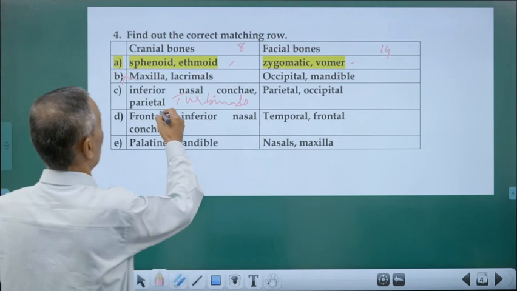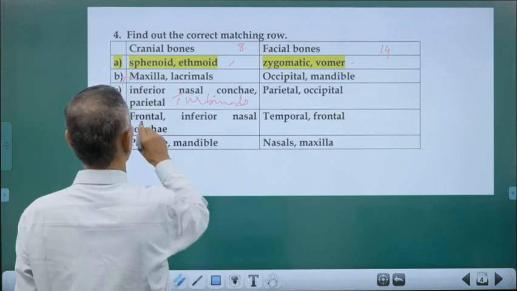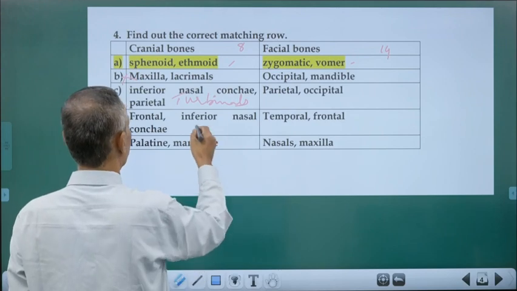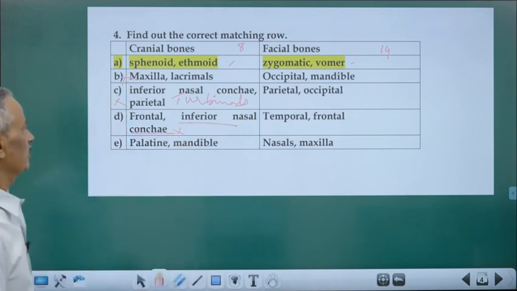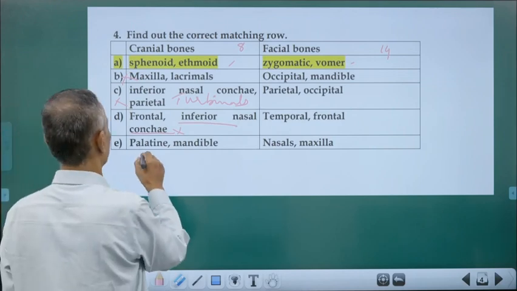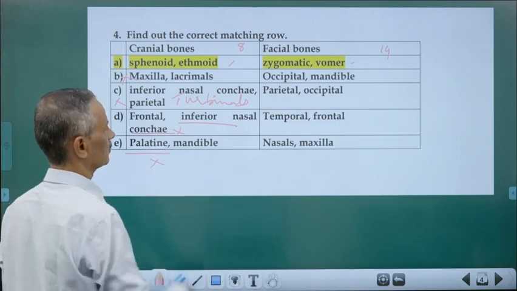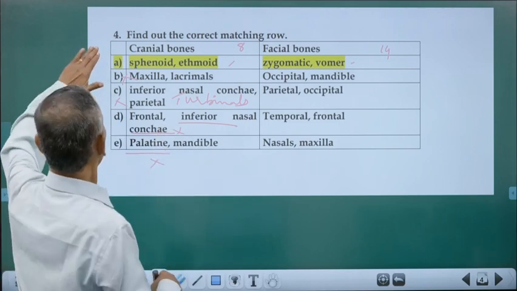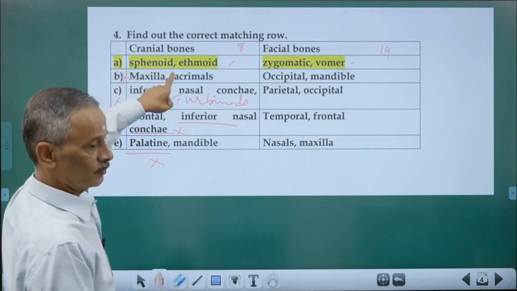So, it is part of the facial, not cranial. Frontal, that's correct. Inferior nasal conchae, again that is incorrect. Palatine is a part of the facial part. Okay, so we know that all others are wrong and only A is the correct.